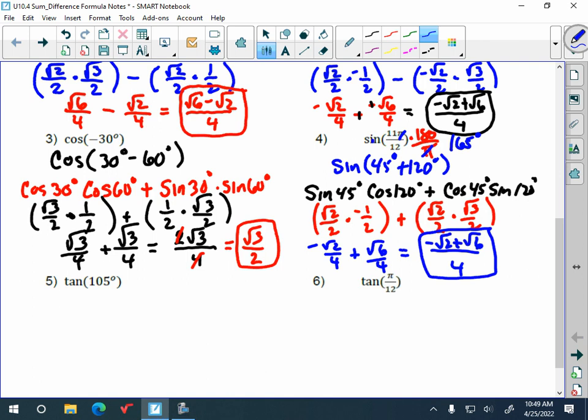All right, so now let's do a tangent problem. So we have 105 degrees, so we've got to break that up. So what two angles add or subtract to give us 105 that we could use? Okay, good. So 60 degrees plus 45 degrees is 105 degrees.